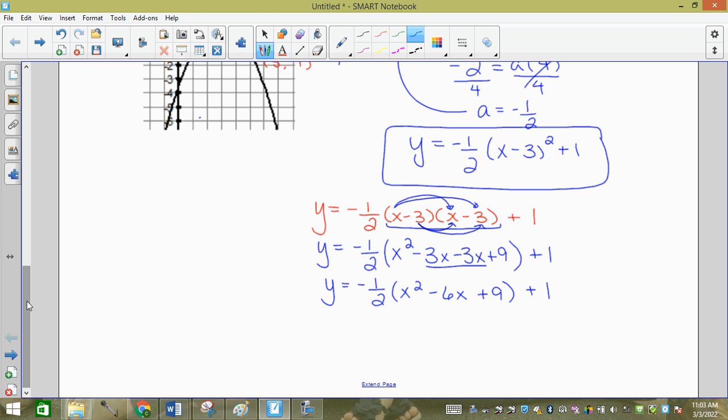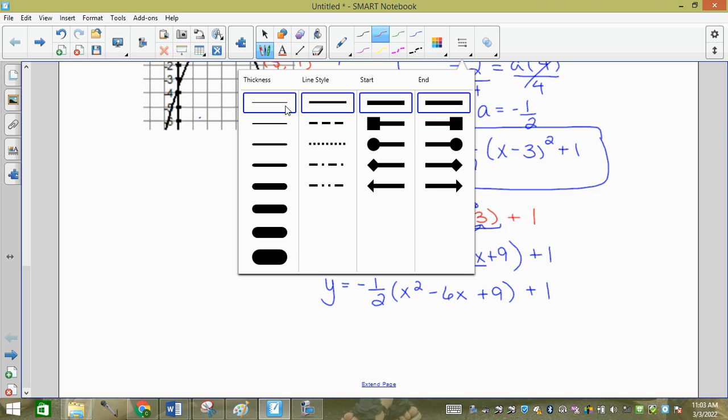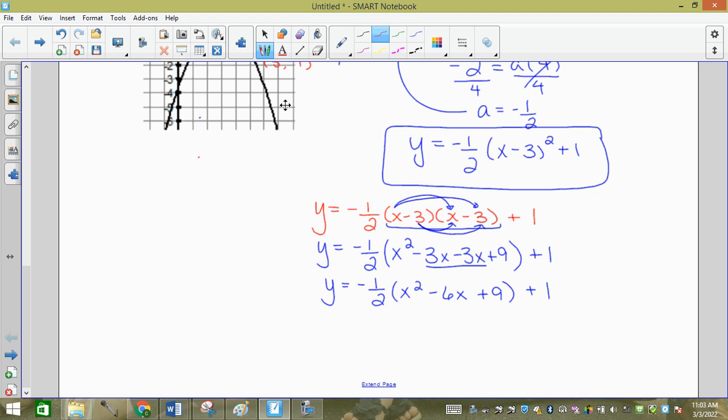What do I have to do now? Multiply by negative a half, correct? Distribute it in. And once I distribute it in, the brackets go away because I'm distributing and I hit an end bracket and it's saying stop. So I'm going to go like this, then like this, then like this, then I hit an end bracket and I stop, right? Because the end bracket screams stop.